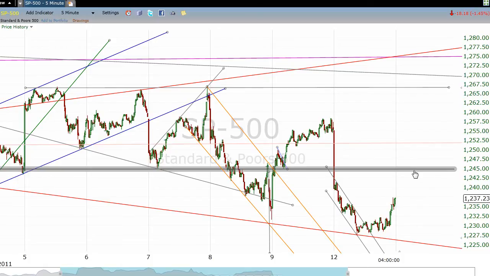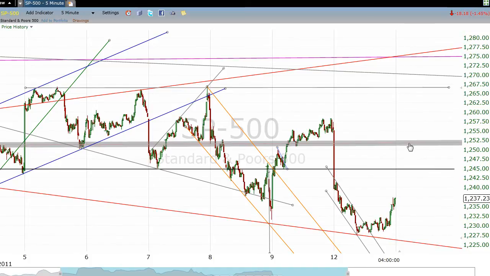But if the market continues to follow through with this late day rally that erased a fair portion of today's losses, then I would expect to find some more resistance, if not at this apex line, then probably in the 1254 to 1255 region, simply based upon the idea of gap resistance.